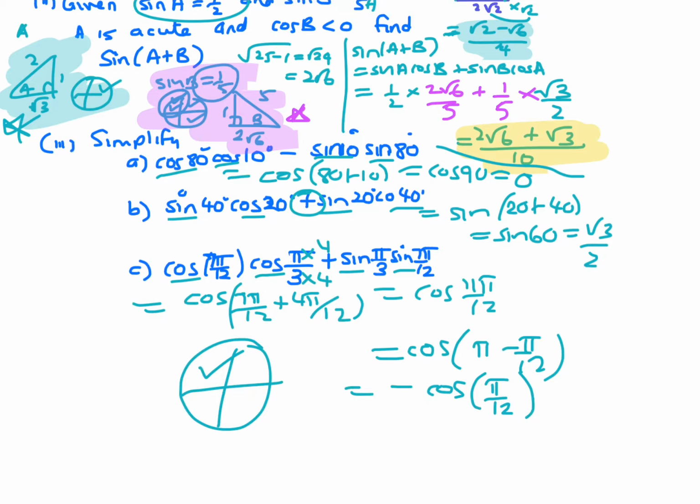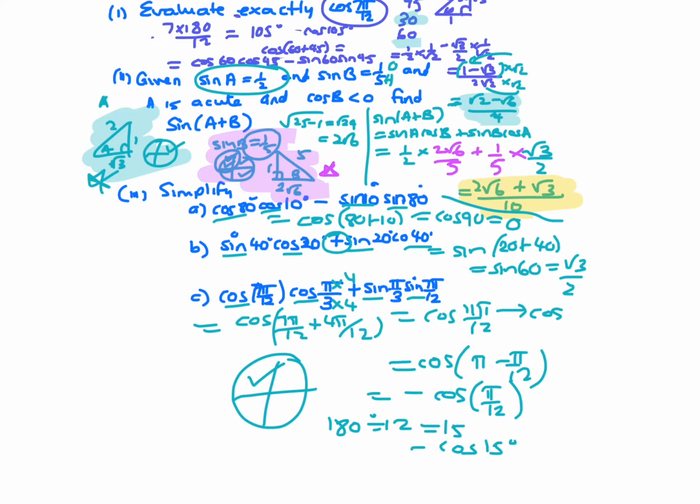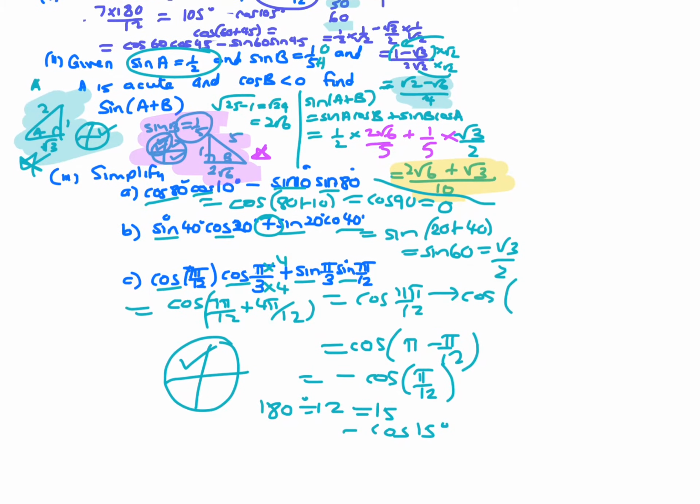Now I'm just going to change it to degrees because I think it'll be easier to see the next step. So if you did 180 divided by 12, you get 15. So it's going to be minus cos of 15. You could also take it all the way back to here too if you had trouble realizing that it was in the second quadrant. So if you did 11 times 180 divided by 12, you end up with 165.